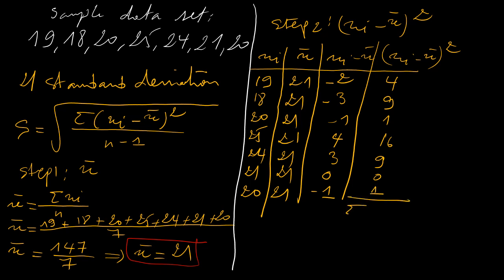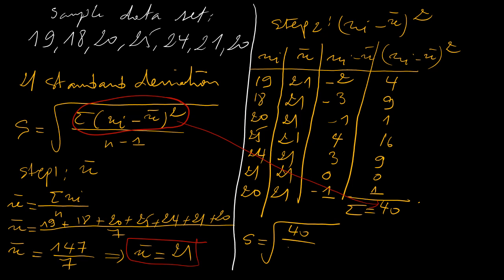So the sum of all these numbers is 40. So here our standard deviation is equal to the square root of the sum of xi minus x bar squared, which equals 40, divided by 7 minus 1.